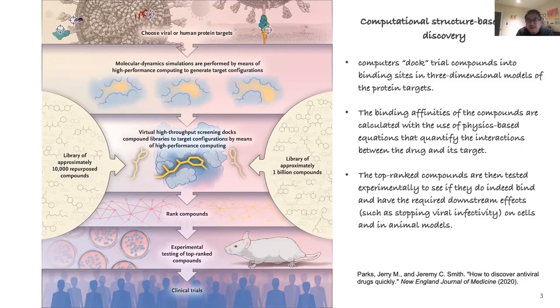The binding affinities of the compound can be calculated with the use of physics-based equations that can quantify the interactions between the drug and its target. The top-ranked compounds are then tested experimentally to see if they do indeed bind and have the required downstream effects, such as stopping viral infectivity on cells and in animal models.